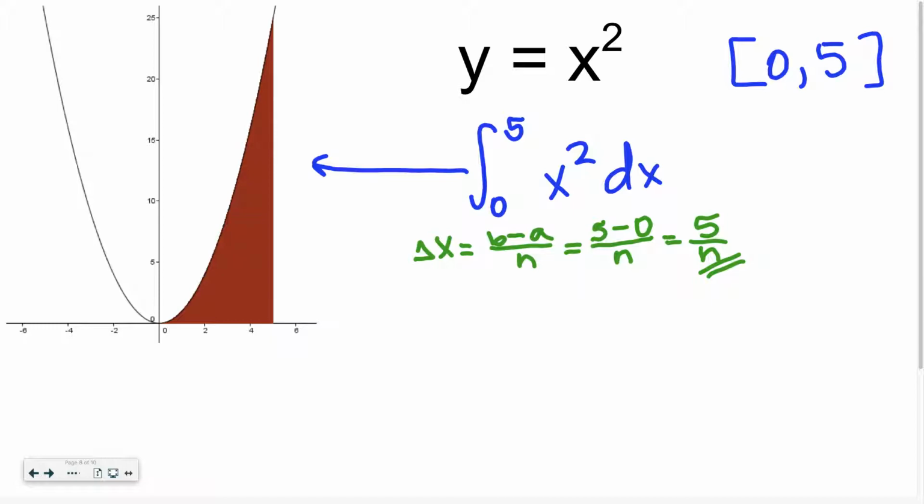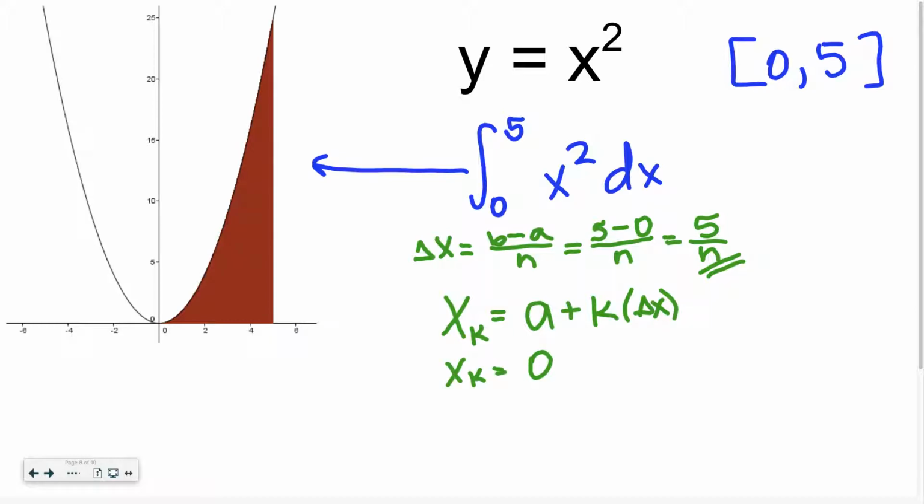Okay. Then I want to think about what that x sub k would be. Since we're using right-hand Riemann sums, we need to take a plus k times delta x. So we know what to plug into our function. Okay. Well, what's a?